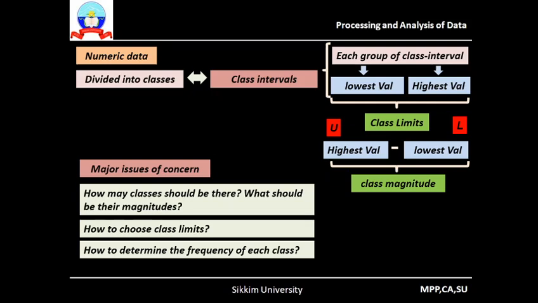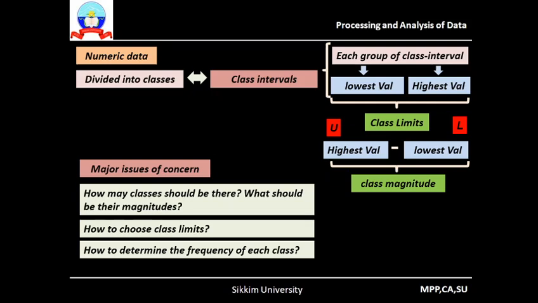Now let us try to understand some of the critical issues of concern. The first issue of concern is how many classes should be there and what should be the class magnitude. Second, how to choose the class limit.